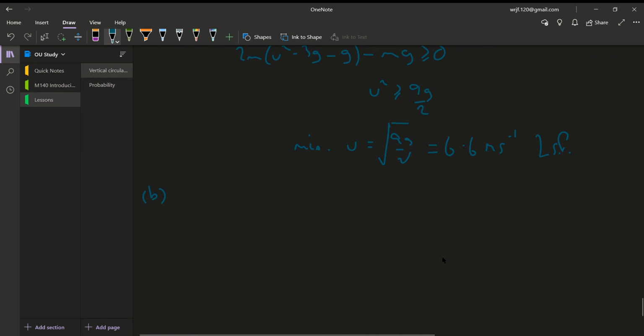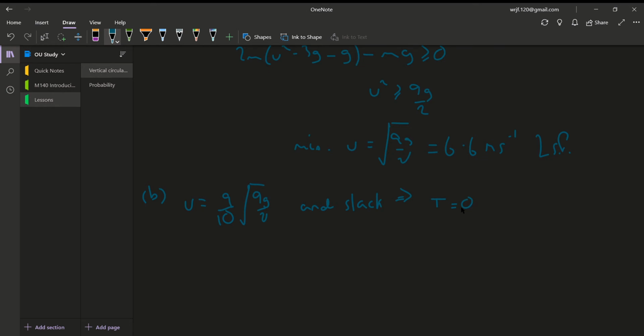We're starting with 90% of our minimum speed, so our new u for this part of the question is going to be 9/10 of root 9g over 2. The other thing we're interested in is that the string is going to go slack, which implies that the tension equals 0, and we had an expression for our tension.